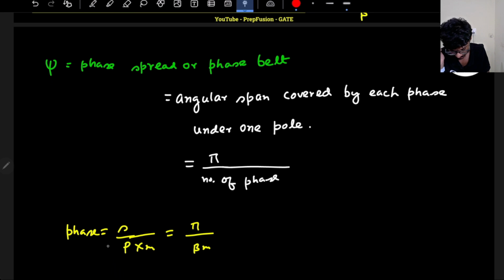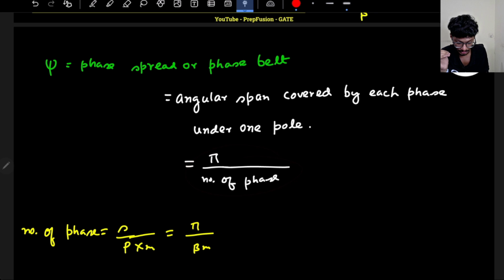So the number of phases is equal to pi upon beta m.